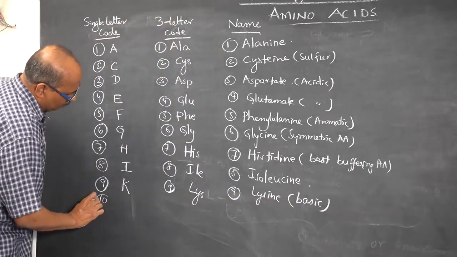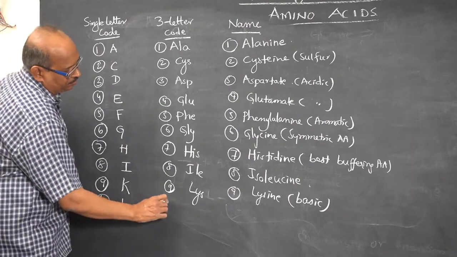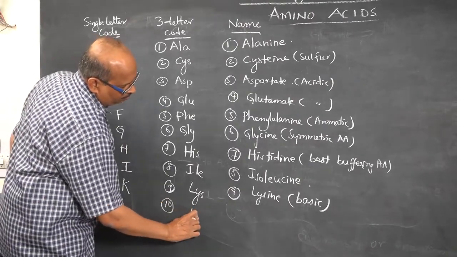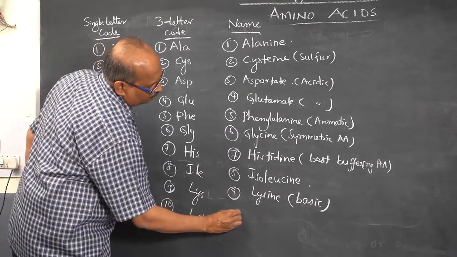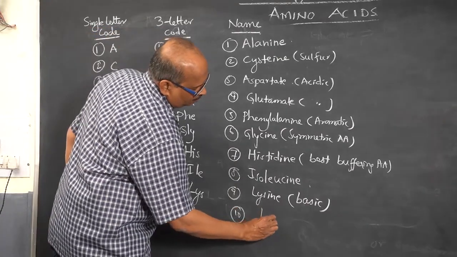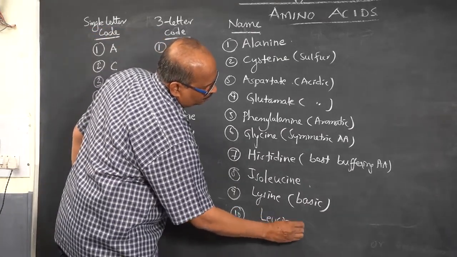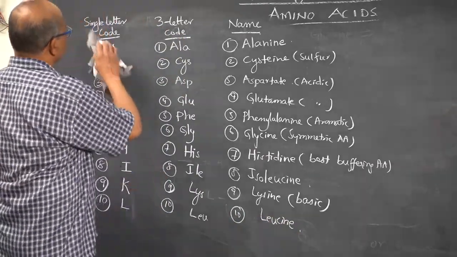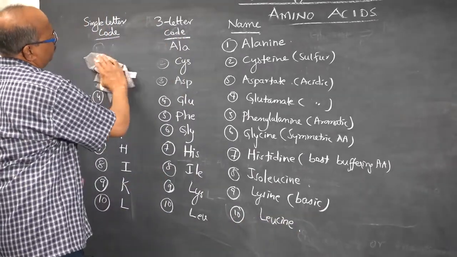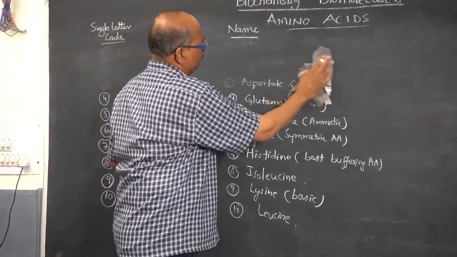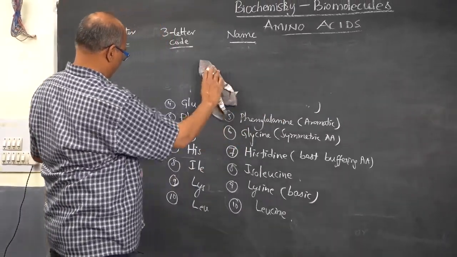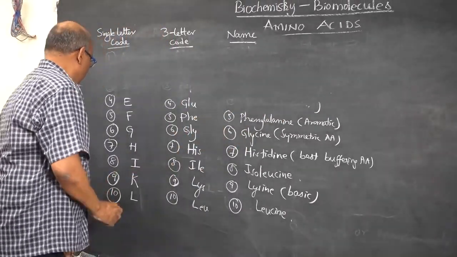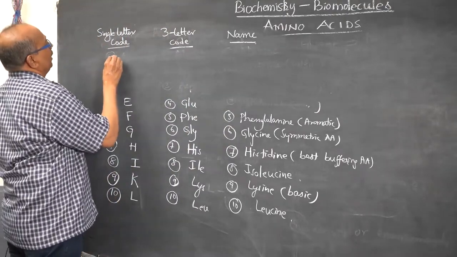Then again we get a branched chain amino acid. And then we get sulfur containing.